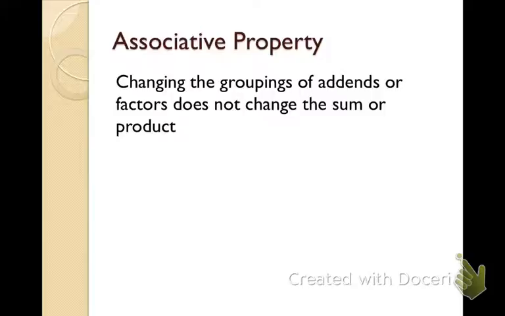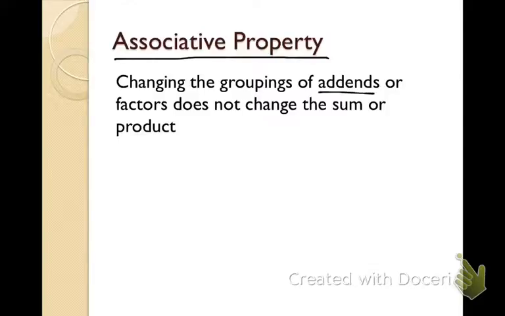So now we have another property that will help us make the math easier. So again, pause the video, write this down, and then hit resume or play when you're ready to listen. So the associative property says changing the groupings of adding or factors does not change the sum or the product.